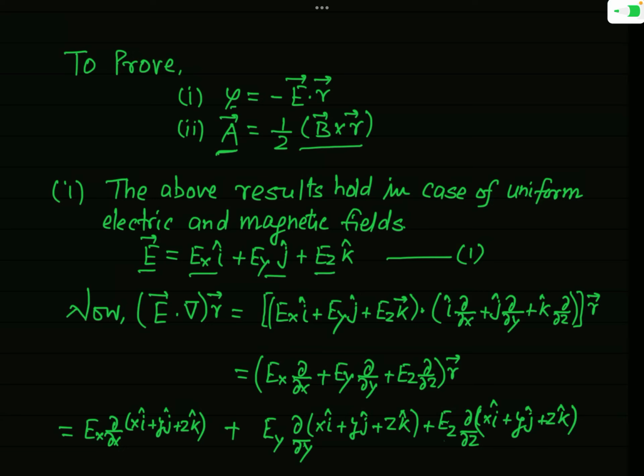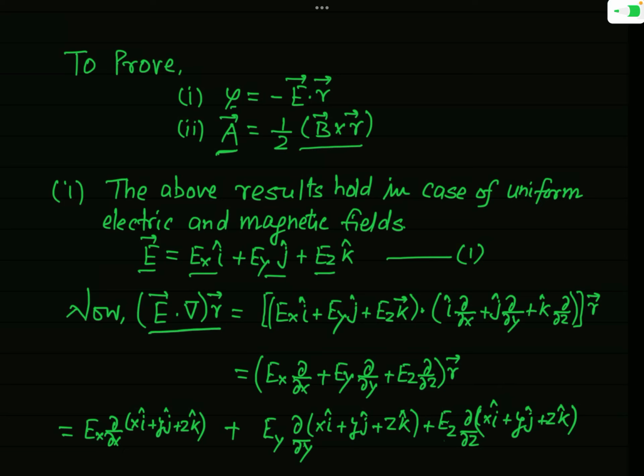Now let us try to find this expression E dot del R. We have to find it. You will see that after finding the value of E dot del R, this will be simply equal to E. But how can you say that E dot del operated on R is equal to E? Let us try to understand it.